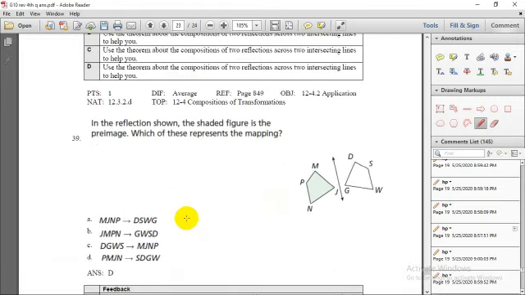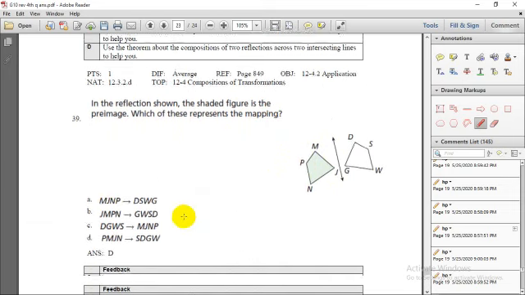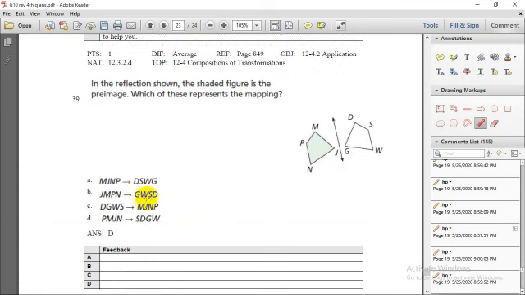Okay, very good. Let's see here, in the reflection shown, the shaded figure is the pre-image. This is my pre-image. Which of these represents the mapping? Look here, B is what here? S. So look here and see which has B to S. B here is S. Very good.